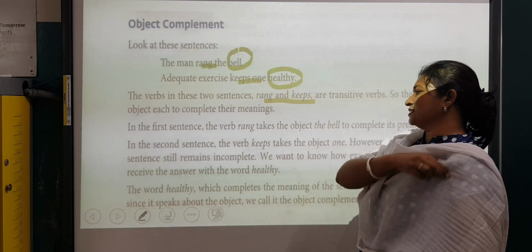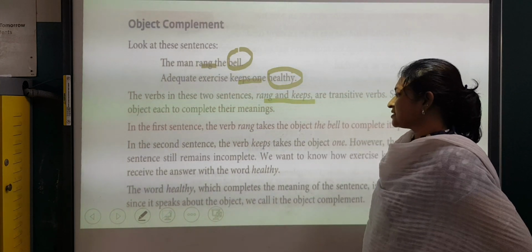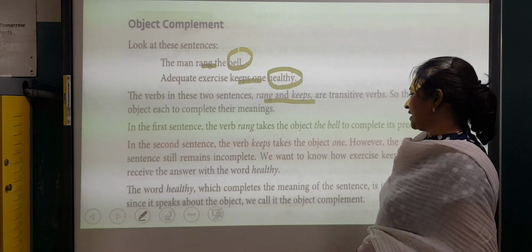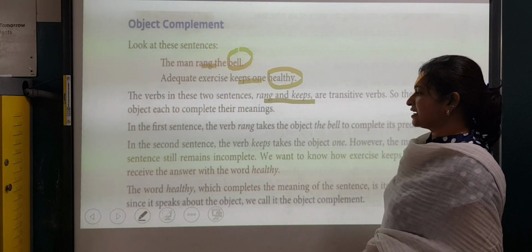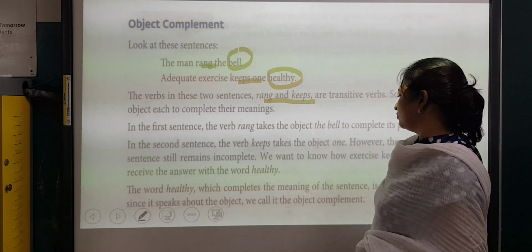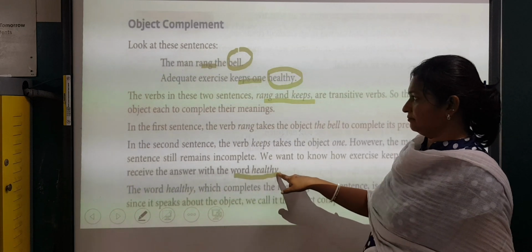In the first sentence, the verb rang takes the object bell to complement the predicate. In the second, the verb takes the object one. However, the meaning of the sentence still remains incomplete. So we have to take the word healthy.